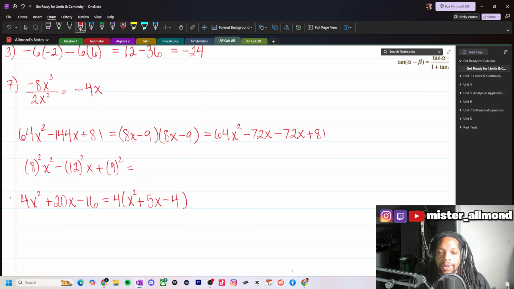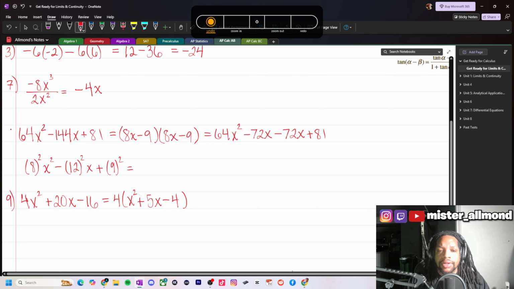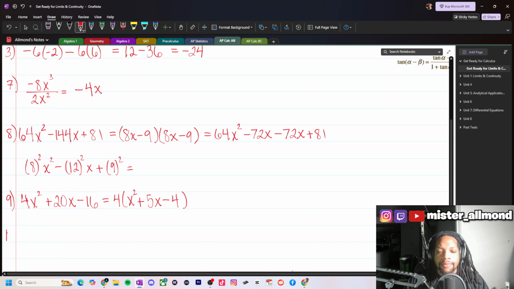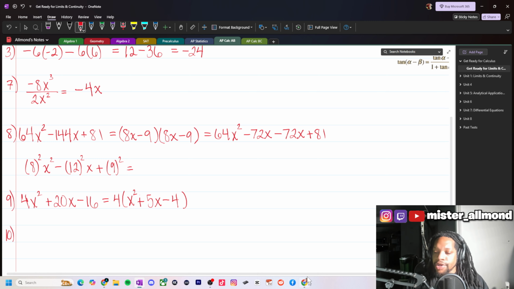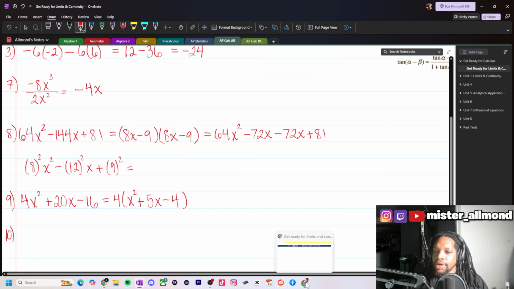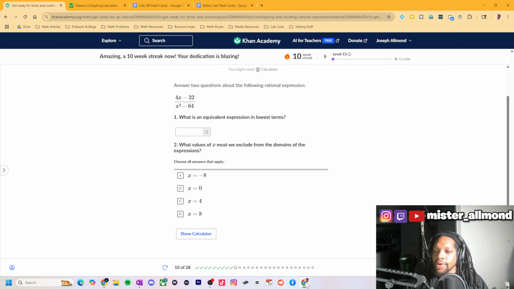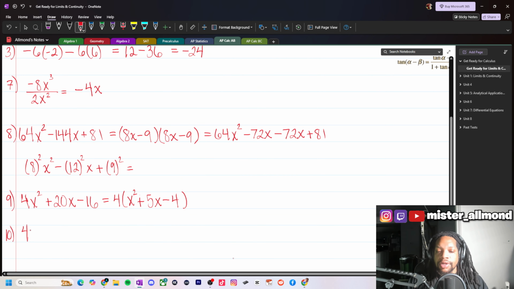Here's 10. So the expression was 4x minus 32 over x squared minus 64.